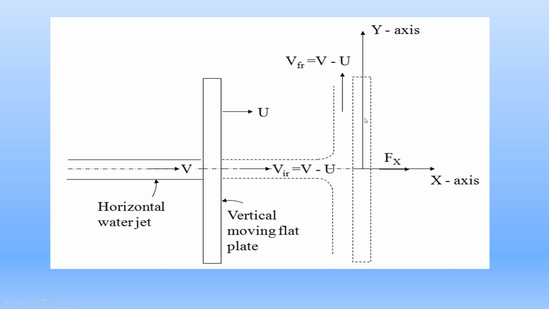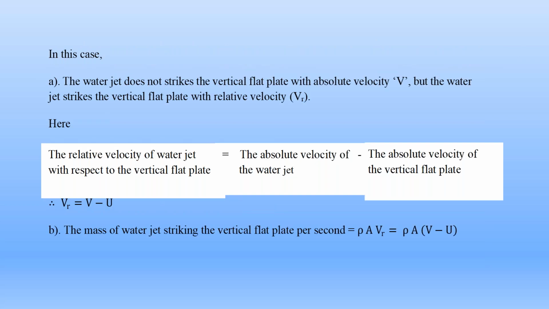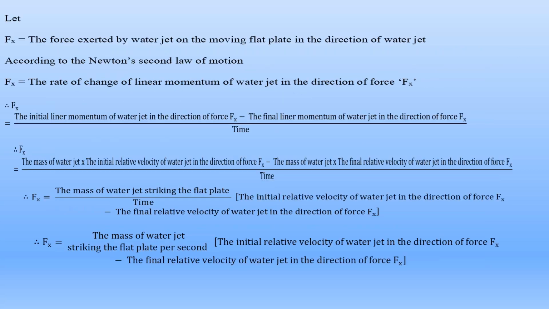The plate is also moving horizontally because the absolute velocity u of the plate is horizontal, in the direction of force Fx. Since the plate is in moving condition, the work done by the force Fx on the plate is equal to force Fx into the distance moved by the plate. So we are going to calculate the work done by the force Fx on the moving plate.